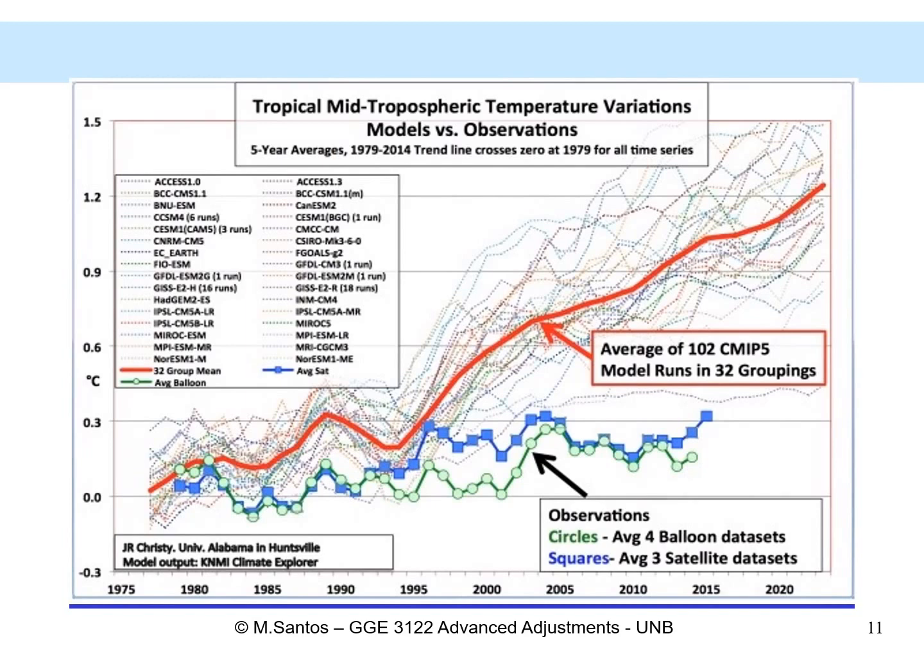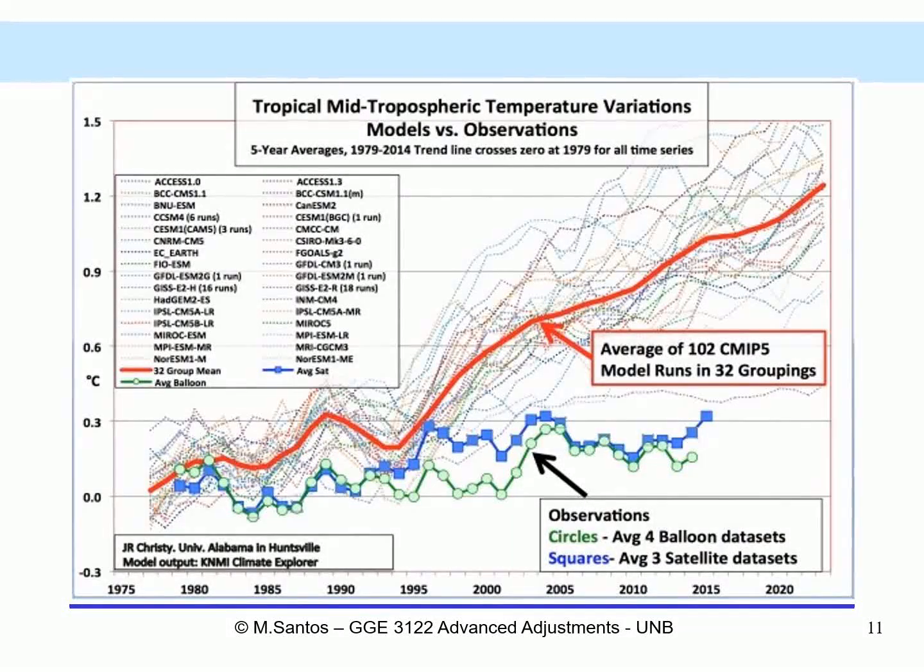Green and blue represent temperature anomalies derived from 4 different balloon datasets and observations coming from 3 satellite datasets, which is basically an indirect measure of the air temperature depending on the amount of energy captured by the oxygen molecules. The thin lines are what the climate models forecast, and the red line their mean.